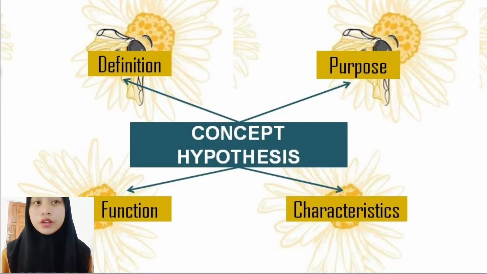No value judgmental terms should be used in formulating a hypothesis. It should specifically state the relationship between the variables, and it should include a clear statement of all the predictions and operations.